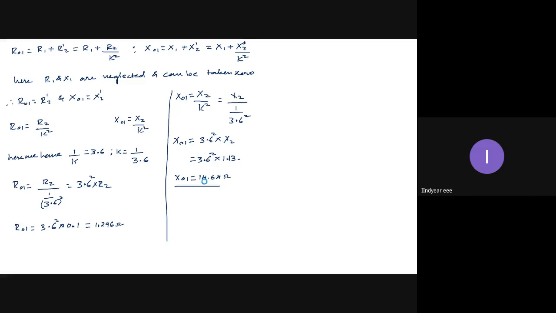Now I can take, sorry, IST, not I2. So Z01 is equal to under root 1.296 square plus 14.6 square.